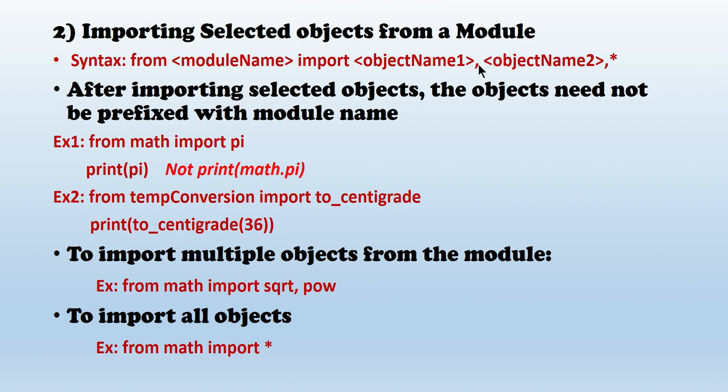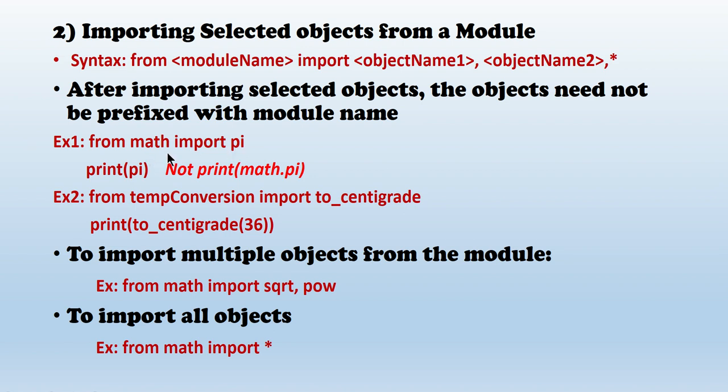Specify the list of objects separated by commas; the star indicates that you can specify any number of objects. The important difference between the previous method and this one is shown in this example. I want to import only the constant pi from the math module.